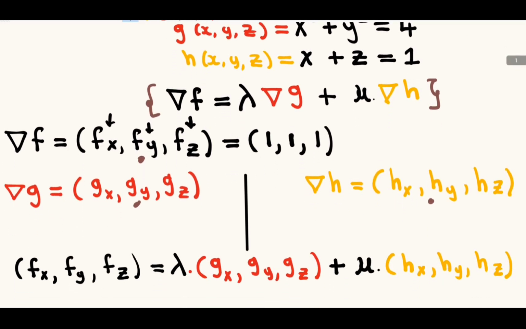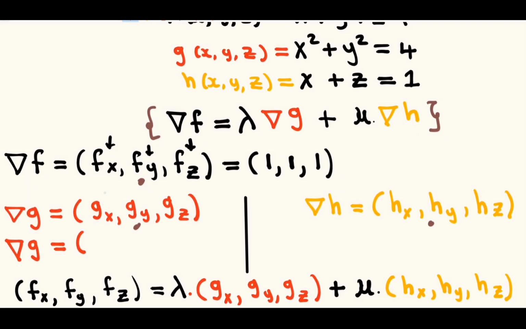We now determine delta g. The partial derivative of g with respect to x: the derivative of y squared will be equal to 0, and the derivative of x squared will be equal to 2x.